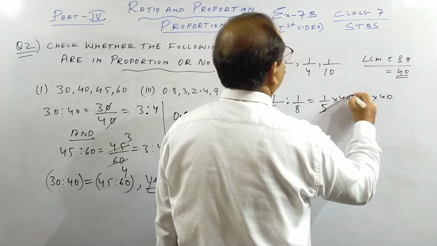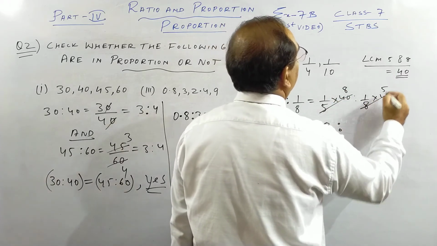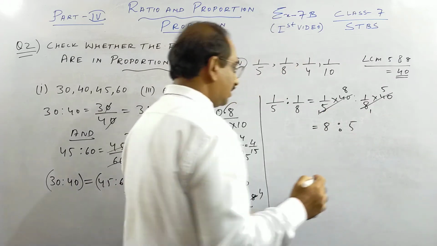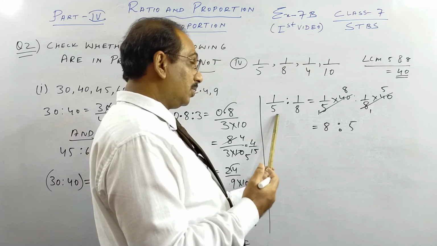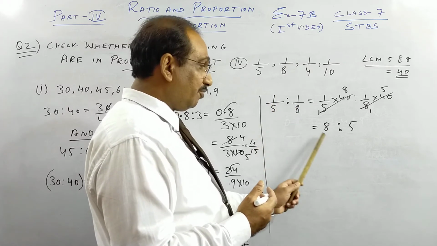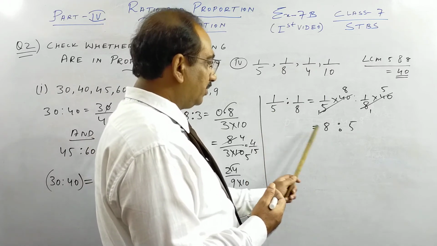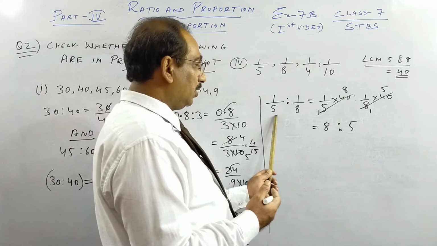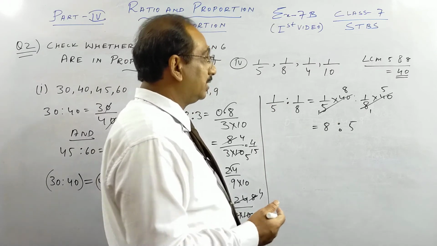A very interesting thing you will get. 5 eights are 40, 8 fives are 40. So it becomes a reciprocal. Not exactly reciprocal, because the numbers are interchanged. So 1 by 5 is to 1 by 8 becomes 8 is to 5.